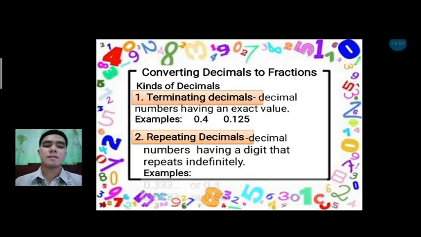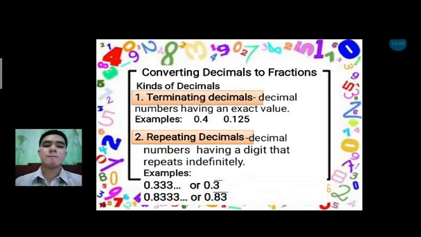Examples, we have 0.333 or 0.3 with bar at the top, then 0.8333 or 0.83 with bar at the top.